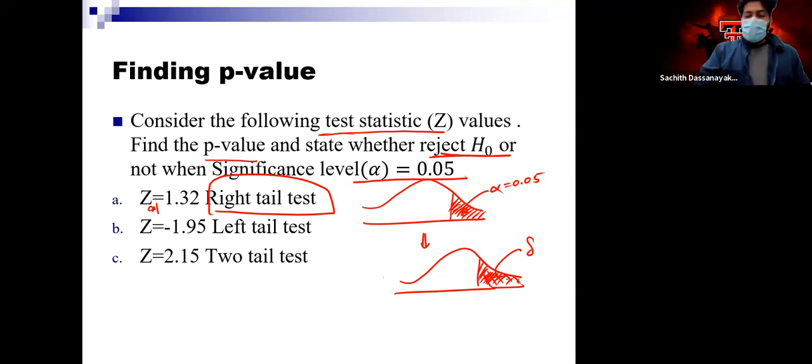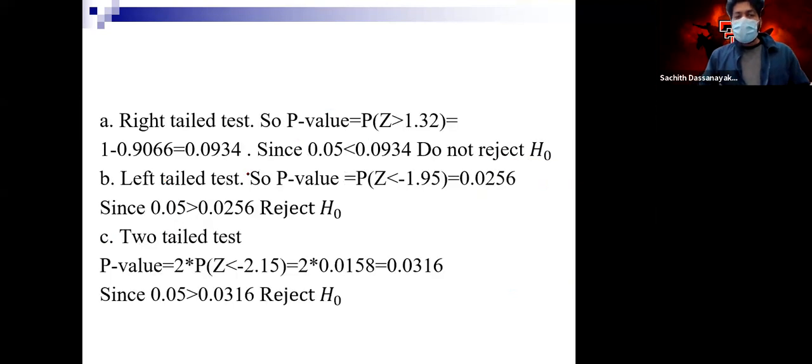Okay, let's see these values. Go to the Z table and find the probability based on this. That value is 1.23, sorry, 1.32. It is 1 minus. So this 1.32 value is this, so you have to take 1 minus.